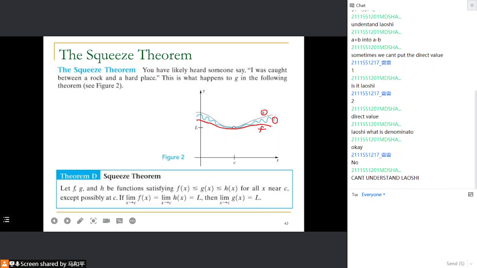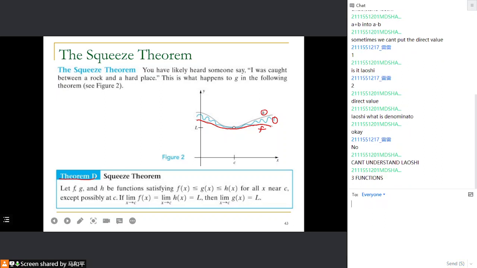So we have this theorem, called the squeeze theorem. We have three functions with the relationship f(x) is less than or equal to g(x), and g(x) is less than or equal to h(x).